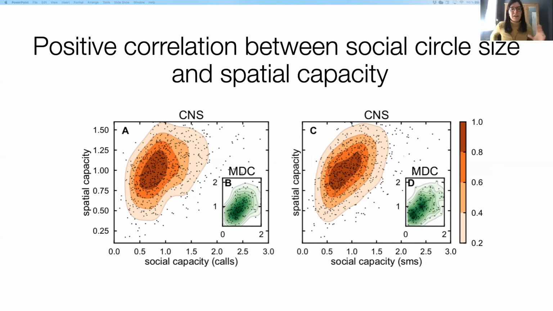We have verified that this is not due to data collection or anything. It's really intrinsic in behavior. So the more places, the more social contacts. This is by no means enough to say that the cognitive limitations responsible for the limits in social capacity are also responsible for the limits in spatial capacity, but it's a hint that maybe there are some commonalities.